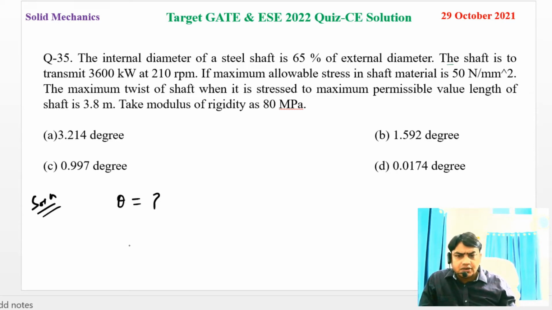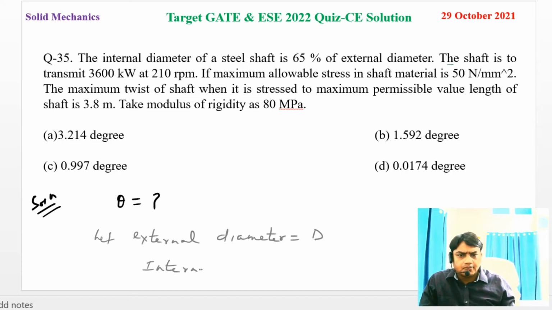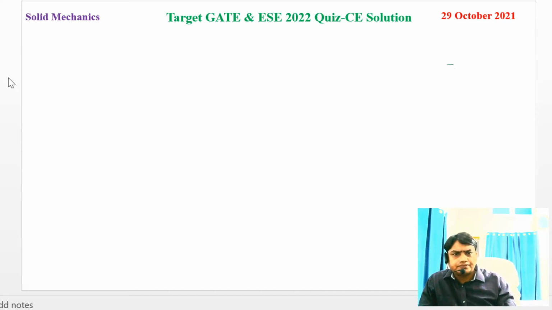Let us assume the internal diameter of a steel shaft is 65% of the external diameter. So let the external diameter be capital D, and the internal diameter is 0.65 D. Maximum shear stress is given as 50 Newton per mm square.